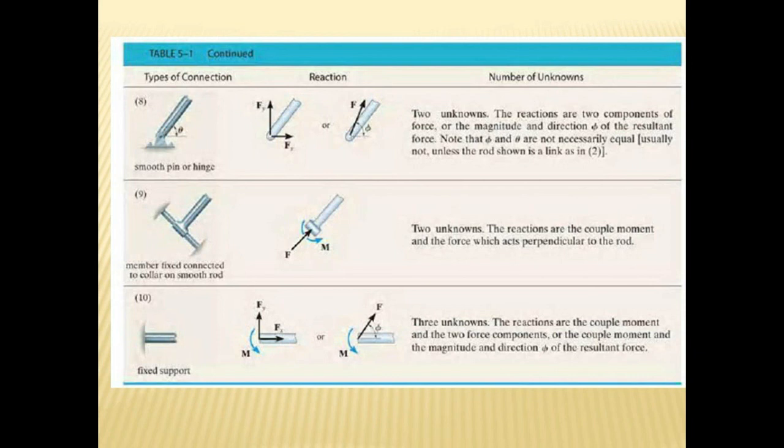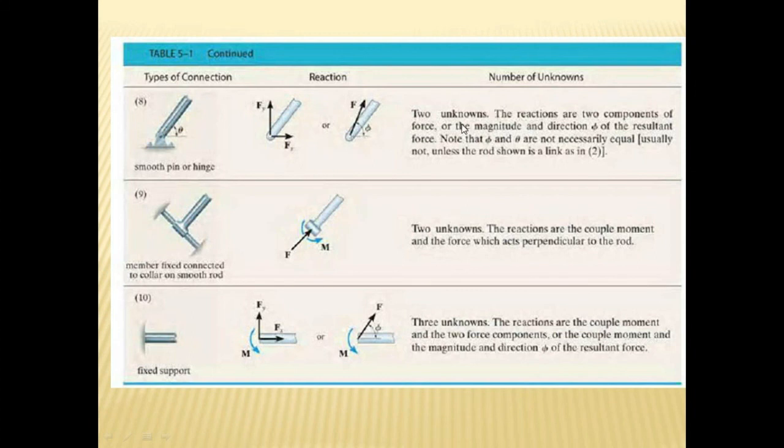You already know that whenever a pin is there, it will give you two reactions, Fx and Fy, and this Fx, Fy can have a resultant also, F at an angle theta. Here theta will be for the resultant force, not for the beam or the bar.